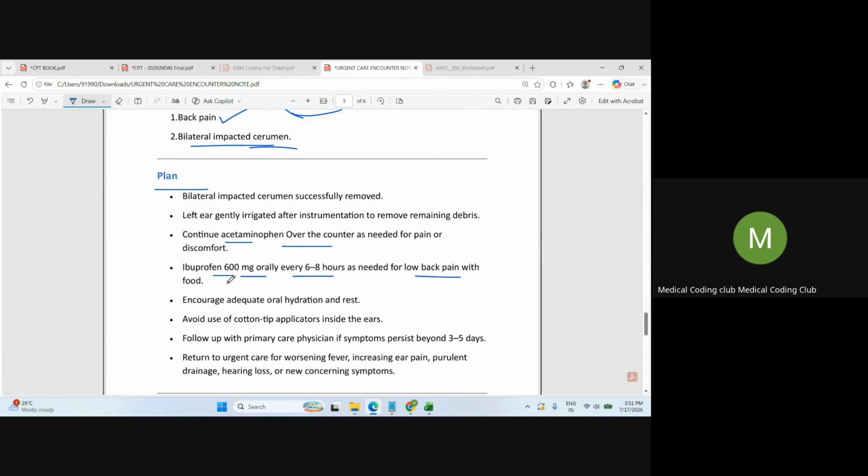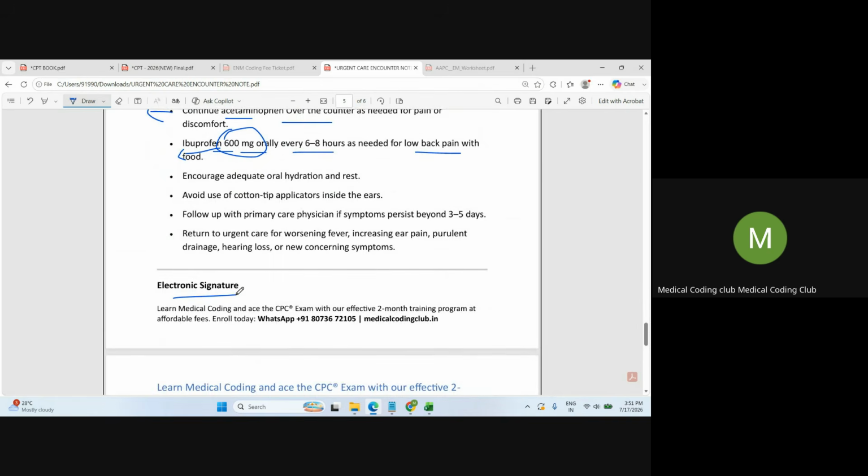Ibuprofen is also OTC, but since they mentioned 600 mg, if you check the drug website, more than 400 mg ibuprofen goes to prescription drug. So you will consider this as prescription drug management. One is OTC, one is prescription management. So two drugs are there. That's it. There is a signature.